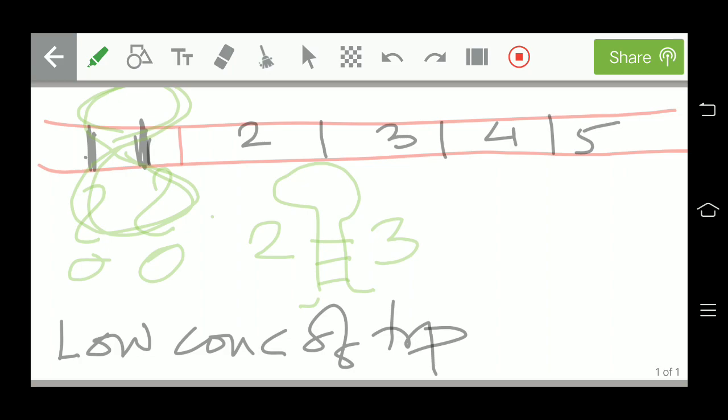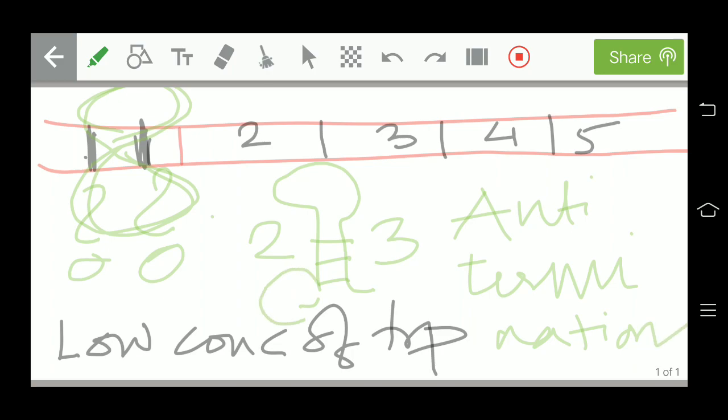So this is an anti-termination loop. So ribosome can easily pass through 2 and 3 and will bring about the transcription and translation of your tryptophan. So low concentration of tryptophan will continue to produce more and more tryptophan.